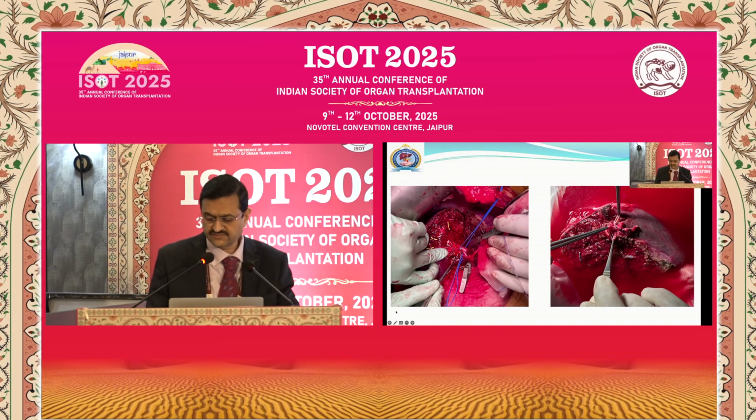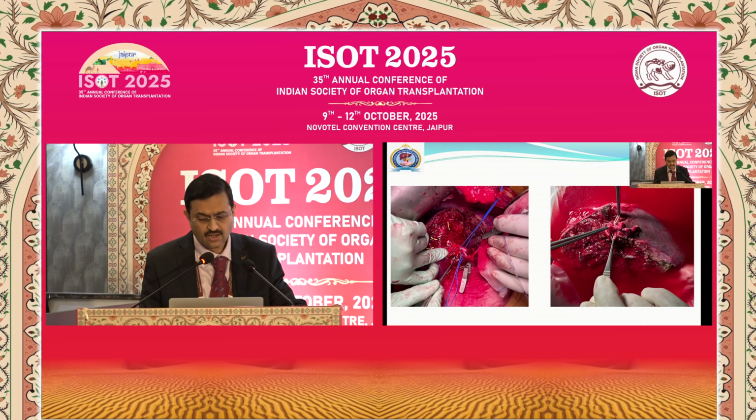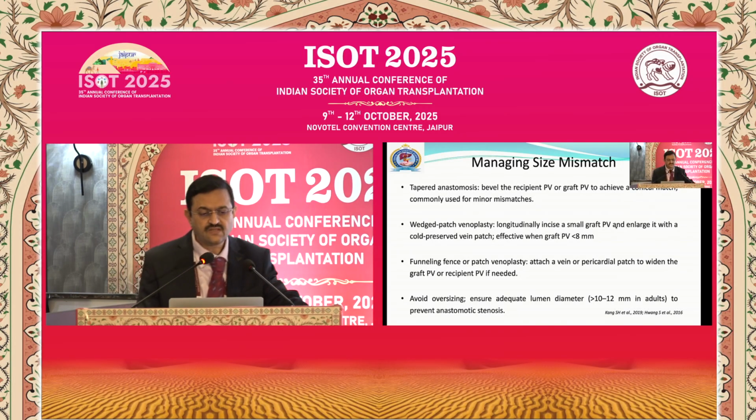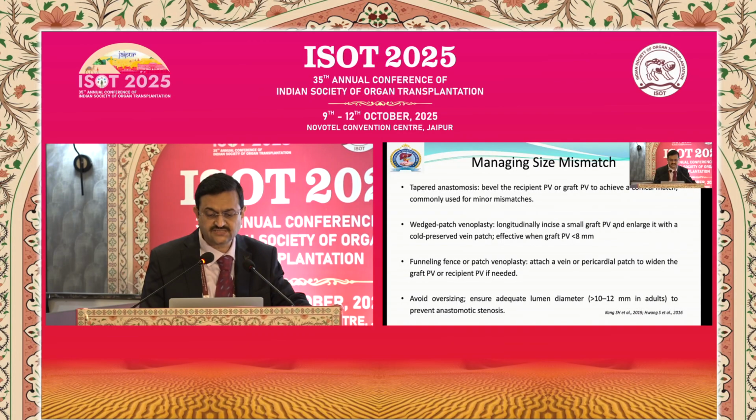Now here you need to decide whether you want to do a venoplasty or you want to separately join them. When there is a size mismatch, again, as we said, you can bevel the recipient portal vein or the graft portal vein to achieve a proper conical match. You can also do a wedge patch venoplasty, which I'll show you in a schematic diagram. I haven't done it.